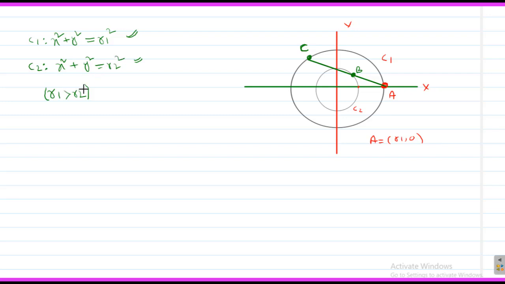So r1 is greater than r2. Point A (r1, 0) is taken on circle C1, here only. A variable point B is taken on the C2 circle, and A and B are joined and extended. Again that line intersects the previous circle at C. So this is the information. By using this information, we want to solve the problem.